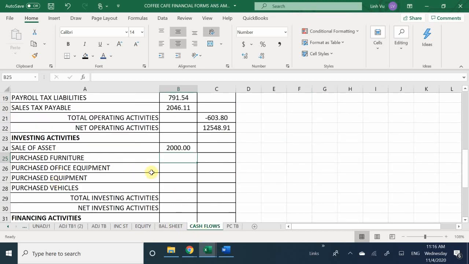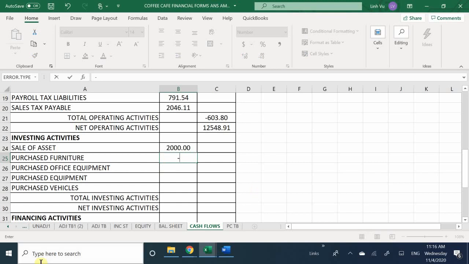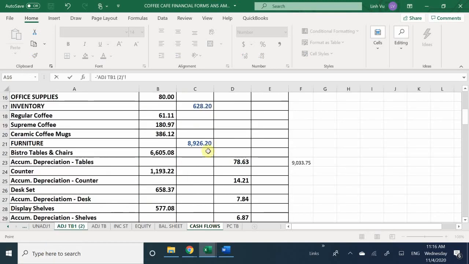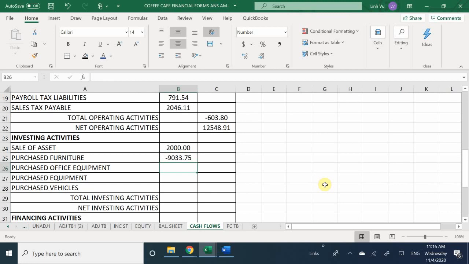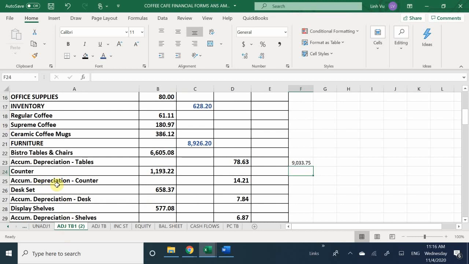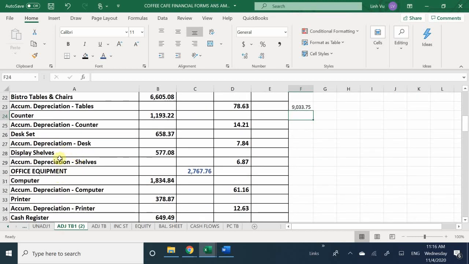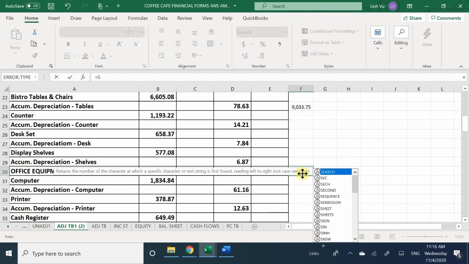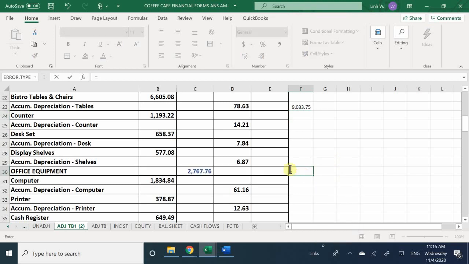So for my statement of cash flows, again, because it's money I've already spent to invest in my company, I'm going to go ahead and grab this number, and there you go. It's now negative. Same thing with your office equipment, right? You're going to go on the side, and I'm going to do a sum. Well, in this case, I only have three things.